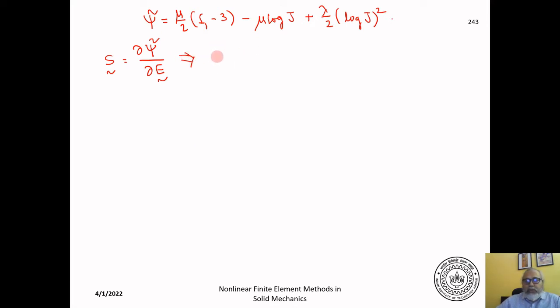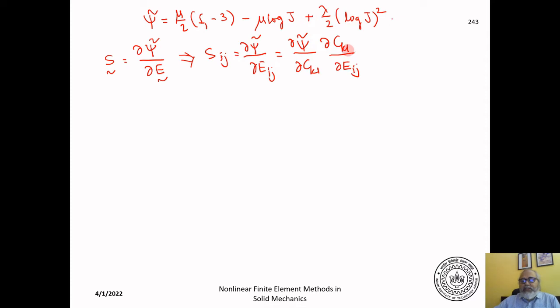Sij is del psi hat del Eij, which is equal to del psi hat del Ckl del Ckl del Eij, and we have seen before that 2Ekl is equal to Ckl minus delta kl. So Ckl is 2Ekl plus delta kl.